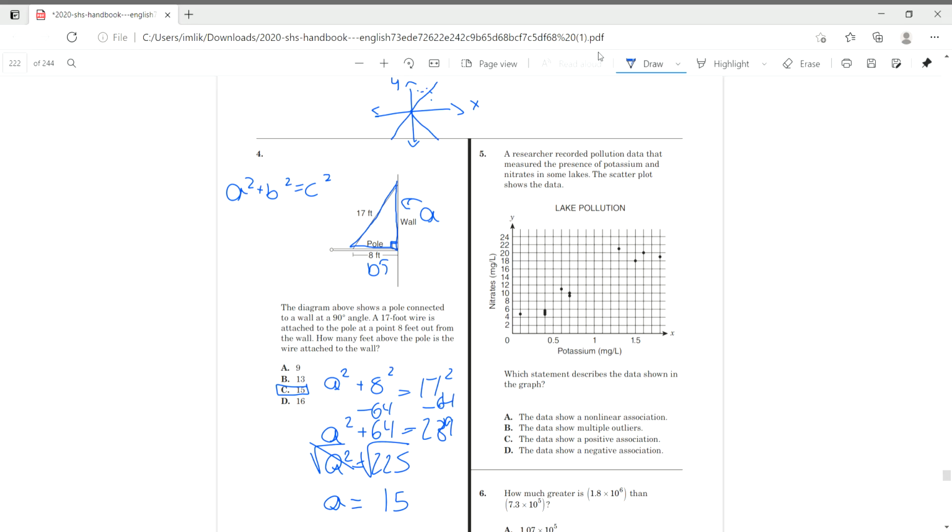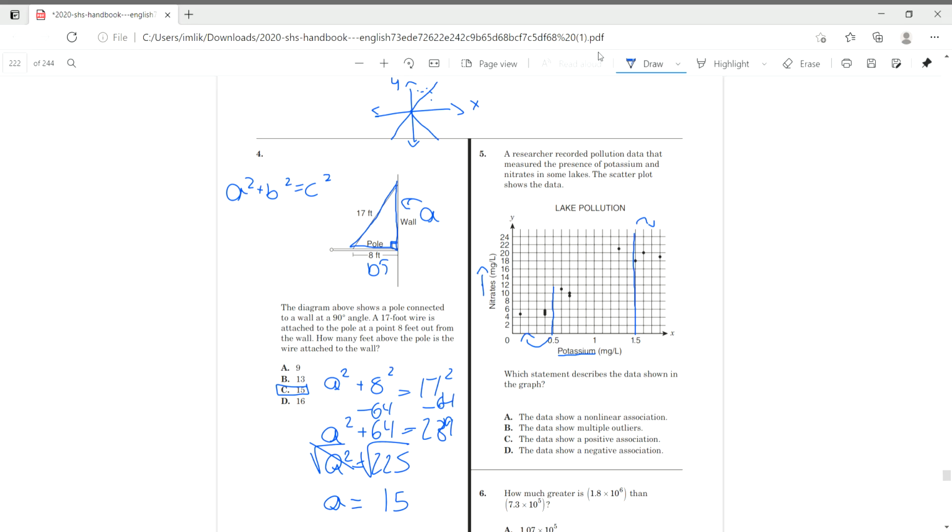Is that apparent here? Well, think. The more potassium we add, the more nitrates we have. The amount of nitrates before 0.5 milligrams of potassium is going to be less than the amount of nitrates found after 1.5 milligrams, which means that there is an association.